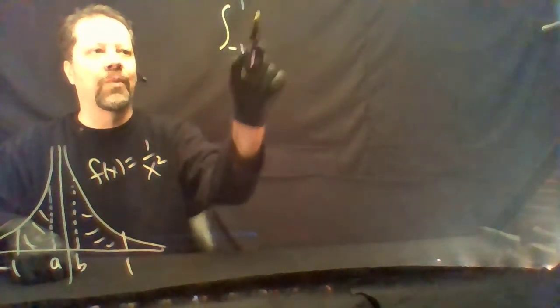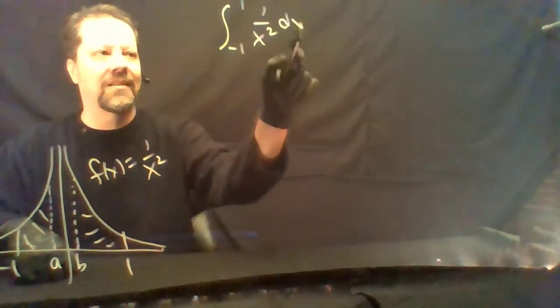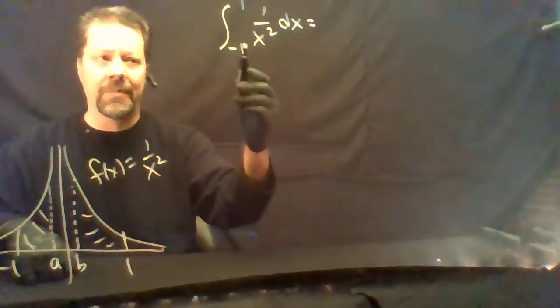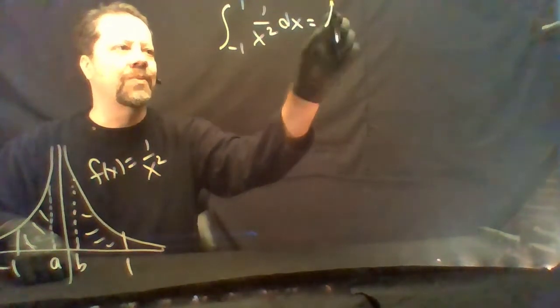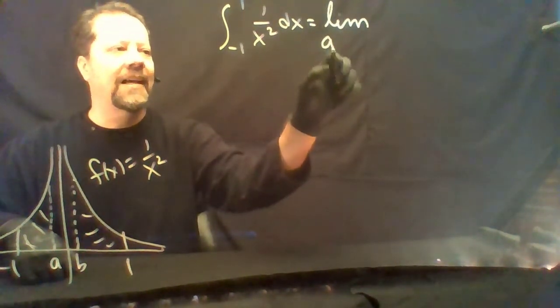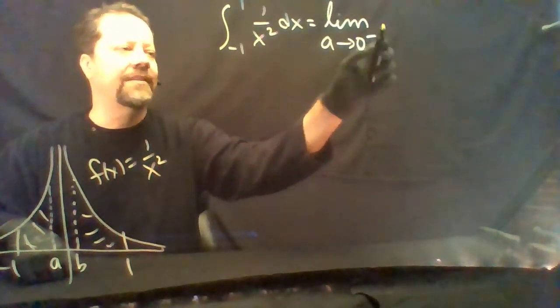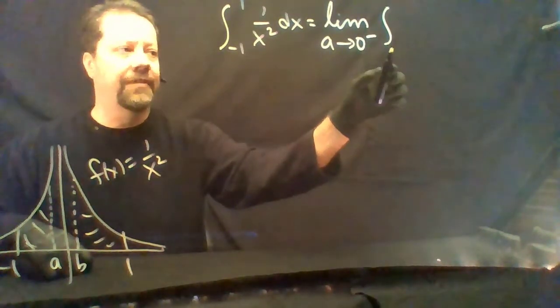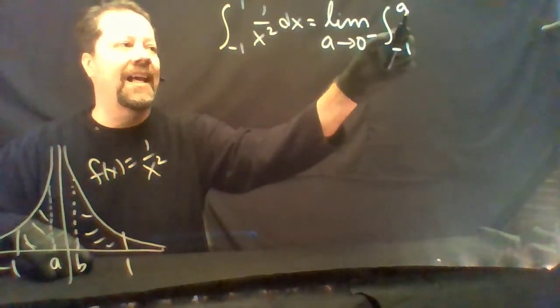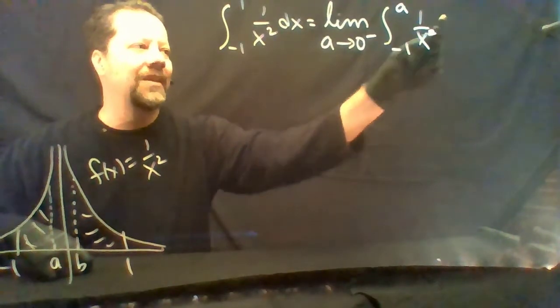Instead of integrating from -1 to 1, 1 over x squared dx, and attempting to use the fundamental theorem here, what we'll do is we'll take the limit as a goes to 0 from the left of the integral from -1 to a of 1 over x squared dx.